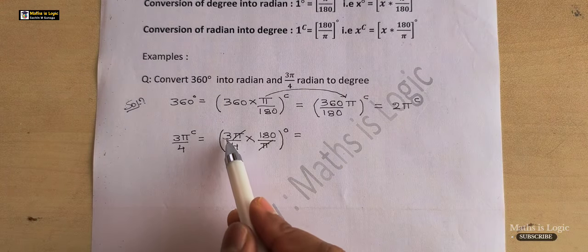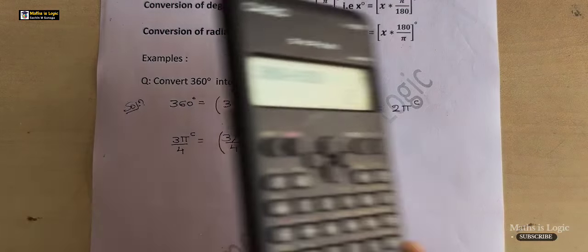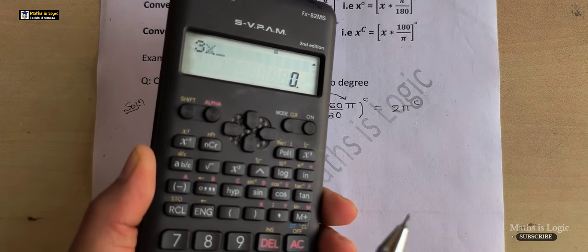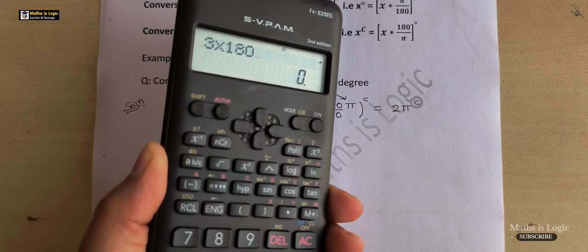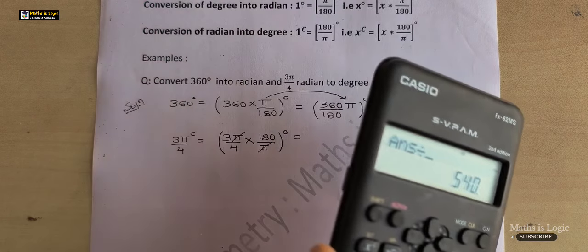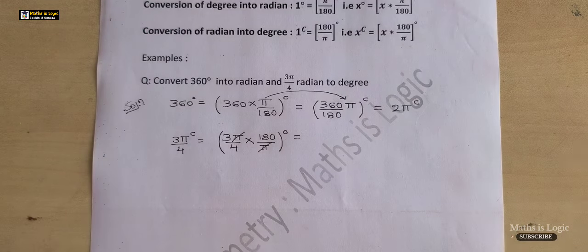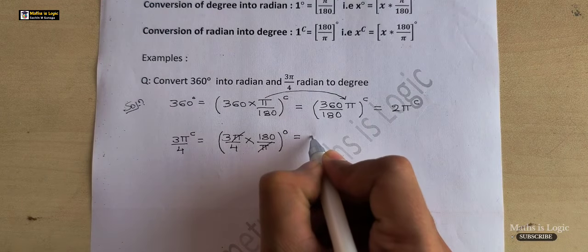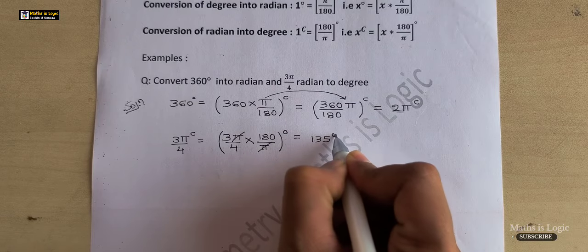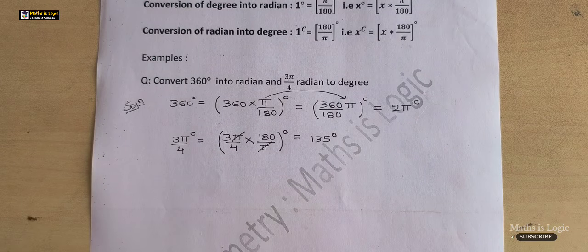Next, directly multiply 3 into 180, then divide by 4. So 3 into 180 is 540 divided by 4. So what is the answer? 135 degree. Remember, 3 pi by 4 radian is nothing but 135 degree.